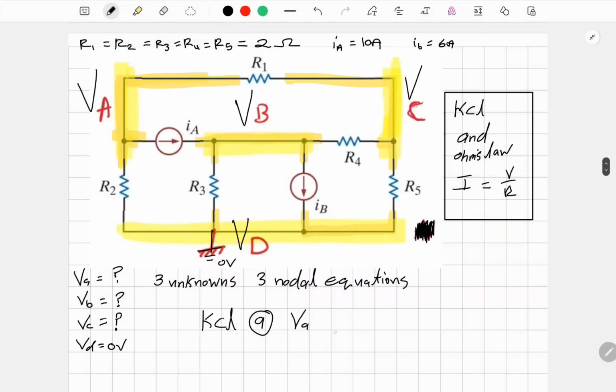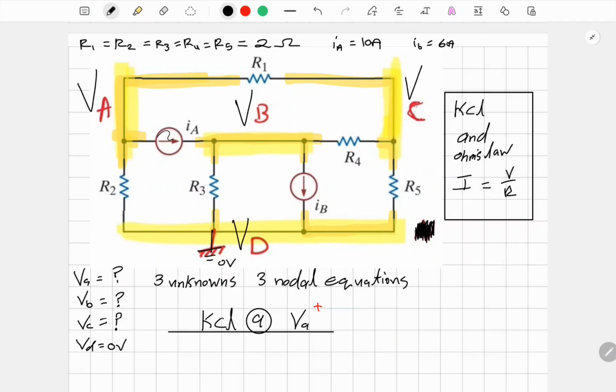And the trick here is to take the node you're looking at, the node you're writing the equation for, as positive. So my VA will be positive, and any other neighboring nodes will be negative.